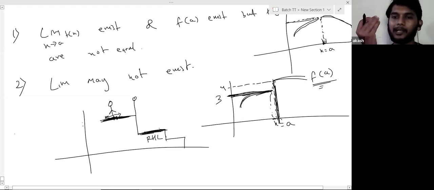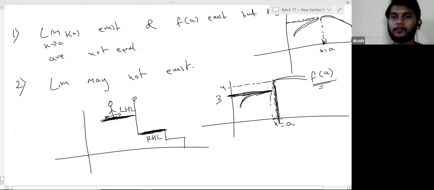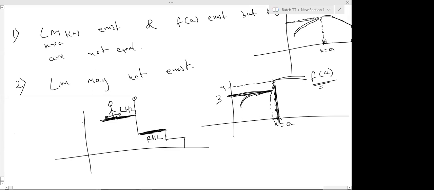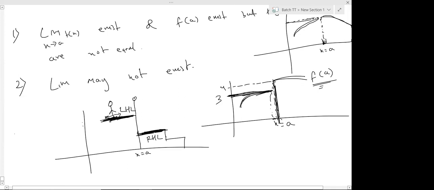But if you move slightly backwards, then this is the LHL, this floor. So at this corner point, suppose this is x equals a, can I say the limit does not exist because the RHL is showing this and the LHL is showing this? Yes, sir.